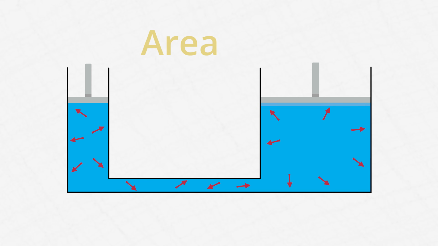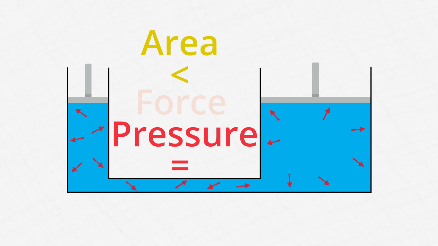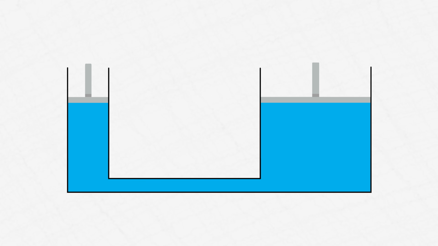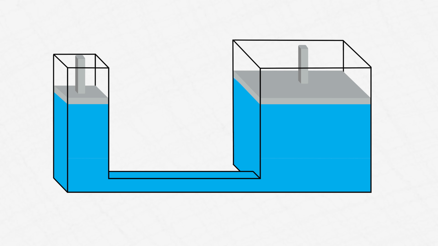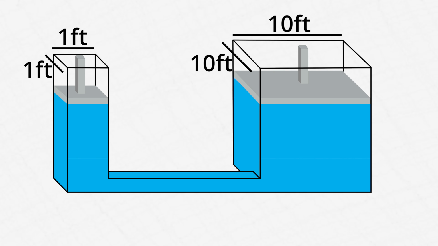However, because the area of the big side is larger than the area on the small side, in order for the pressures to remain equal, the force on the big side must also be larger than the force on the small side. For example, let's say we have two connected containers. The first is 1 foot and the second is 10 feet.